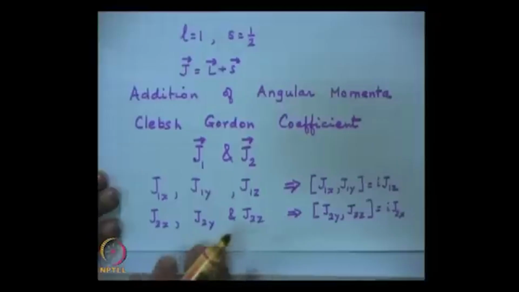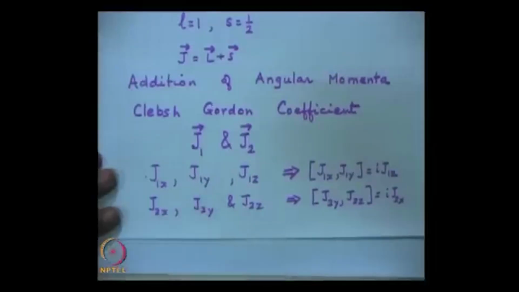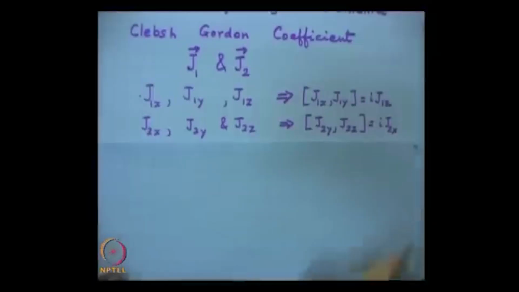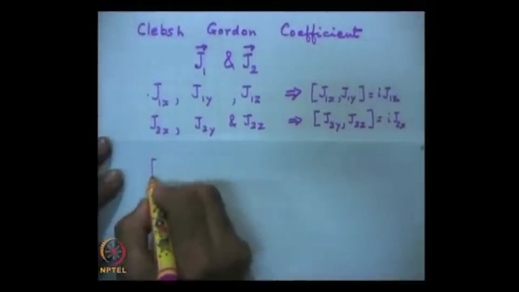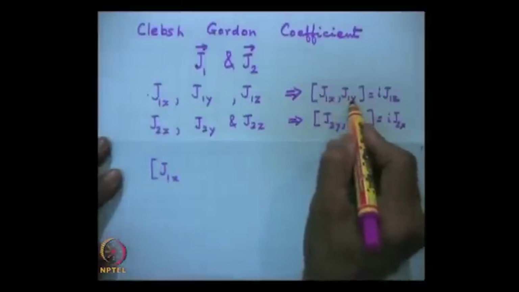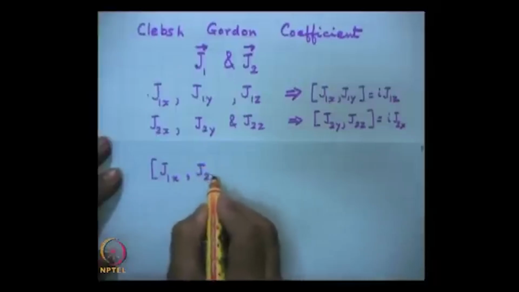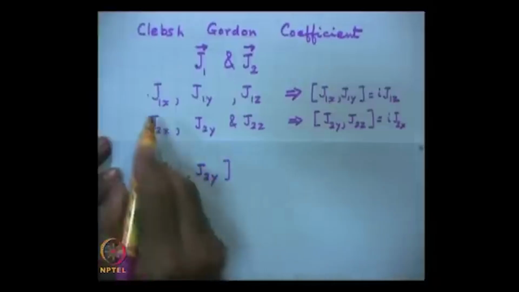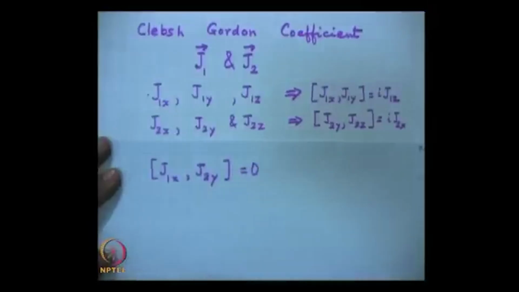We say that the components of J1 commute with components of J2. By that we imply that, as you can see, J1x does not commute with J1y, but J1x commutes with J2y. We assume that components of J1 commute with components of J2, any two components.